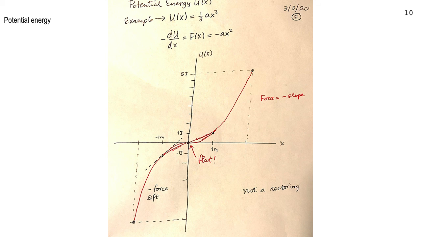All right, let's do an example, from 8.1, or inspired by 8.1. Say that we have a particle on the x-axis, so one-dimensional motion, i.e. a tabletop.